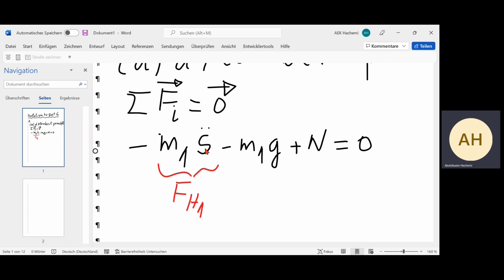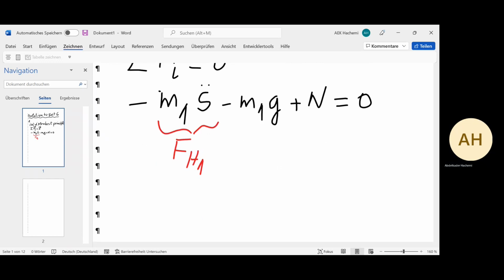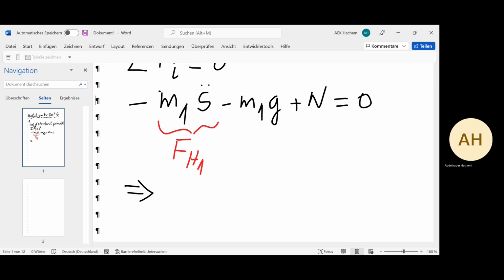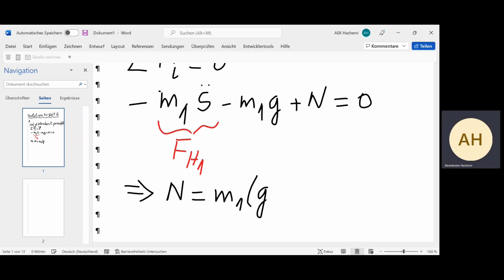Then from this equation, we can get that the contact force N is equal to M1 multiplied by G plus S dot dot.